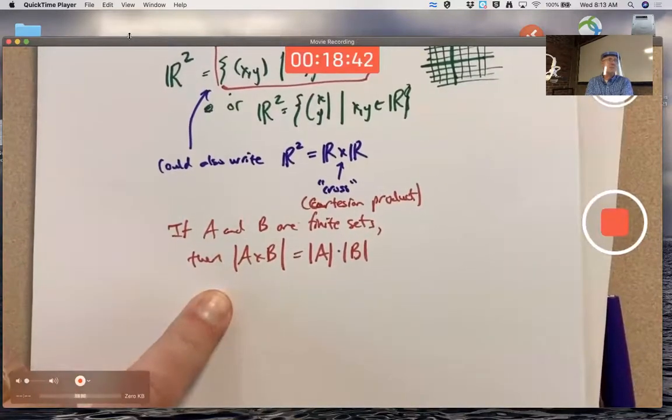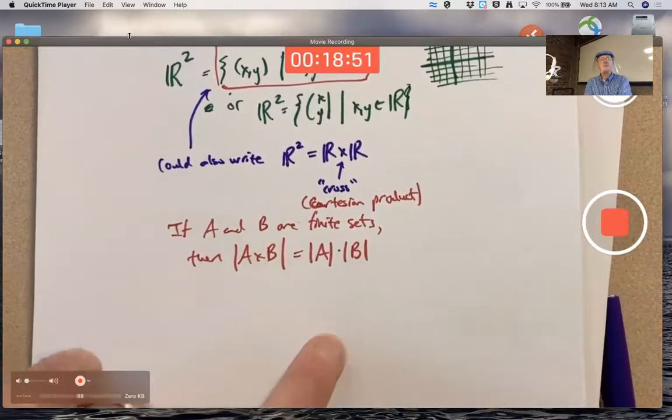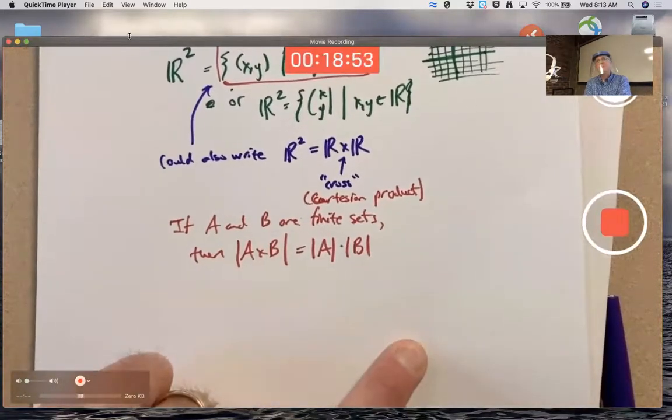If A and B were groups, and we decided for some reason to form their Cartesian product, then the number of elements in the Cartesian product would be the number of elements in the first group times the number of elements in the second group.